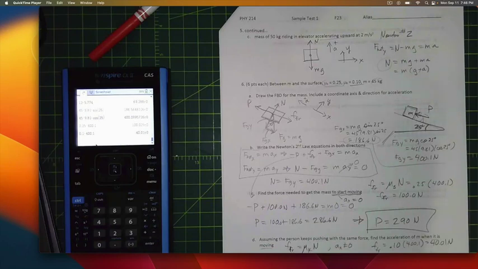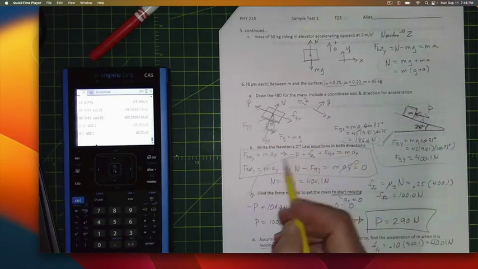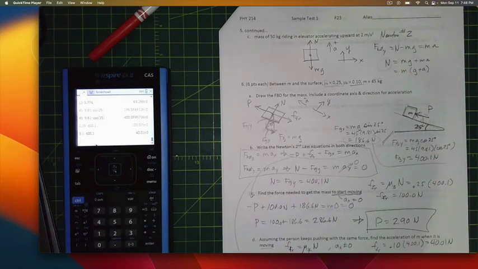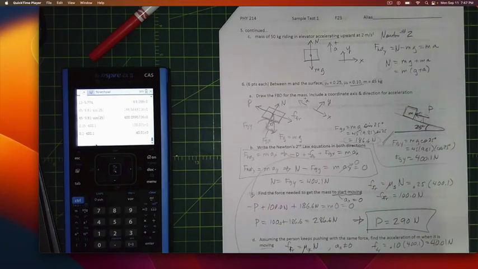The force of gravity, FGX, is still going to be the same. Nothing has changed how much gravity is acting on this mass. So we use this equation again, but bring it down here. It says keeps pushing with the same force, so we can still use this P also. Let's rewrite it: negative P plus force of friction plus FGX equals M A sub X. We know P, we know F of friction, we know F of gravity, we know M, and so we can solve for AX.